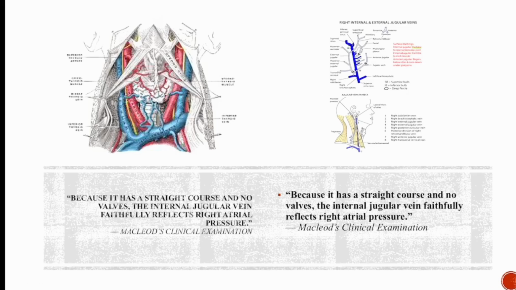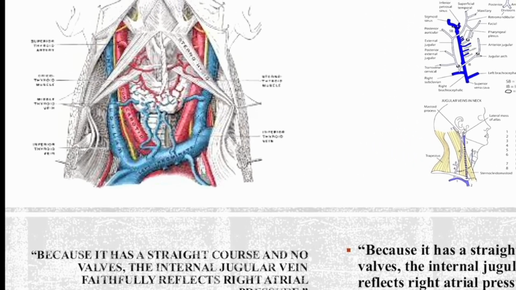And we see the anatomy in a little more detail. Here you can see this is the superior vena cava formed by the right and left brachiocephalic veins. And here you can see it more clearly.